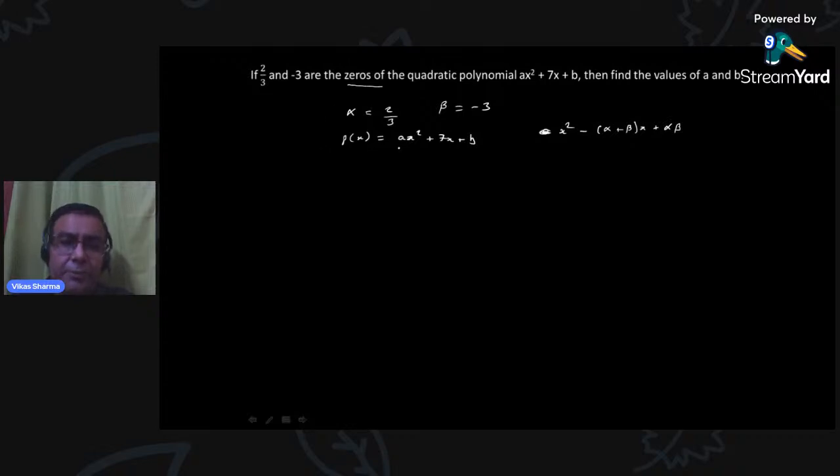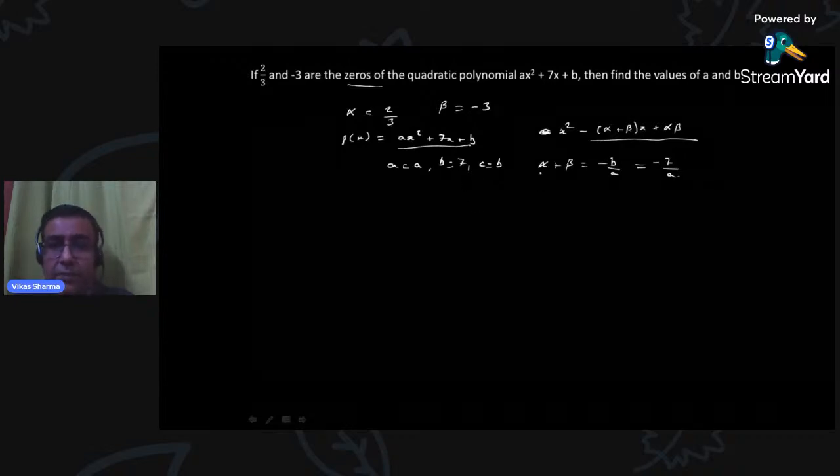So using both of these together, we can see that alpha plus beta is actually minus b upon a. In this case, we have got a as a, b as 7, and c as b. So minus b upon a from this will be minus 7 upon a, right?